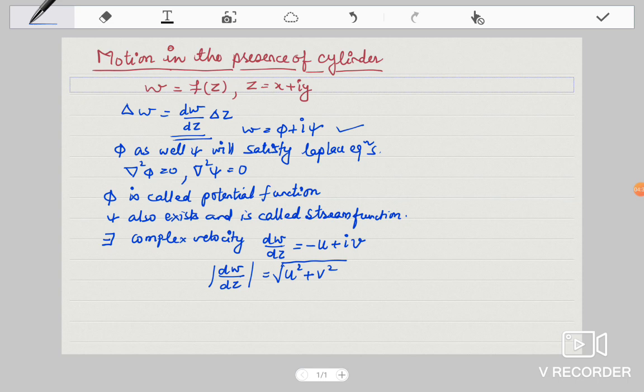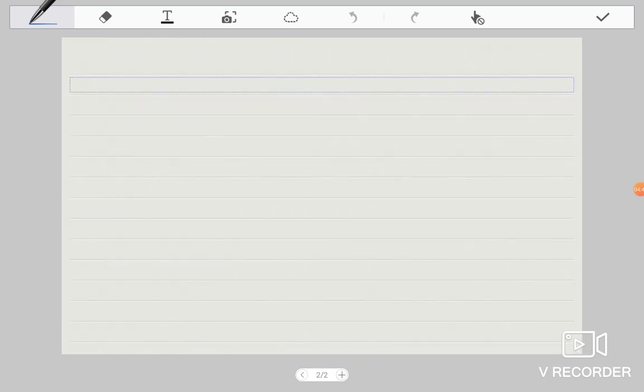For example, I am taking a type of flow. As you are discussing the motion of fluid in the presence of a cylinder, I tell you that we'll discuss some cases. The first case is when the cylinder is moving rectilinearly.